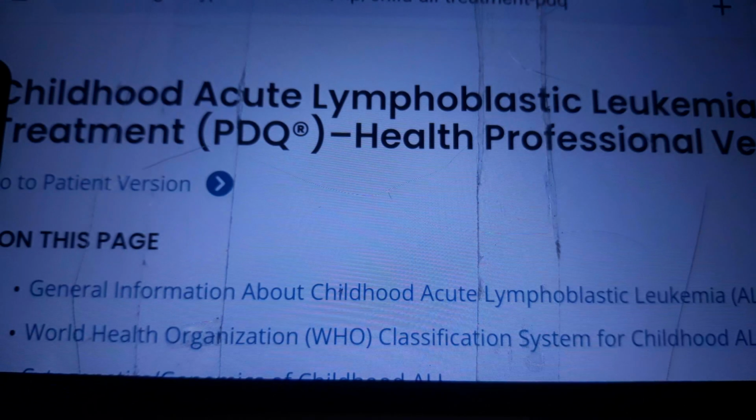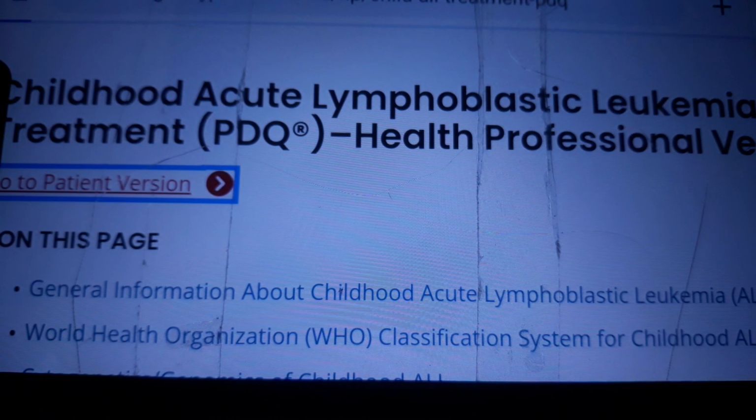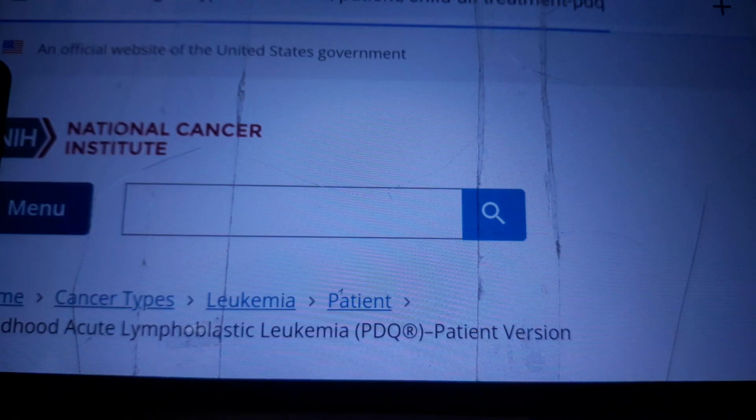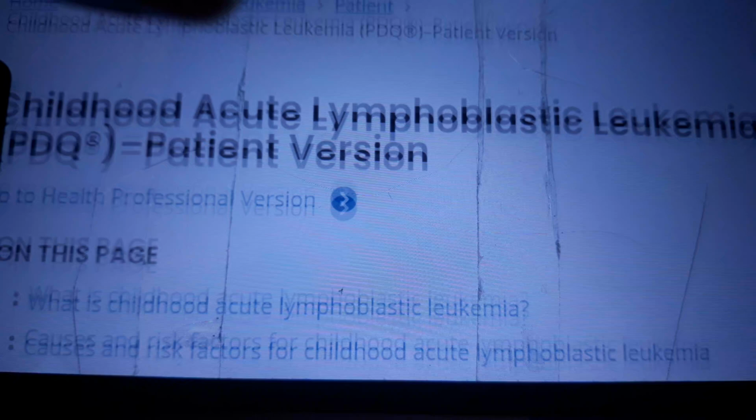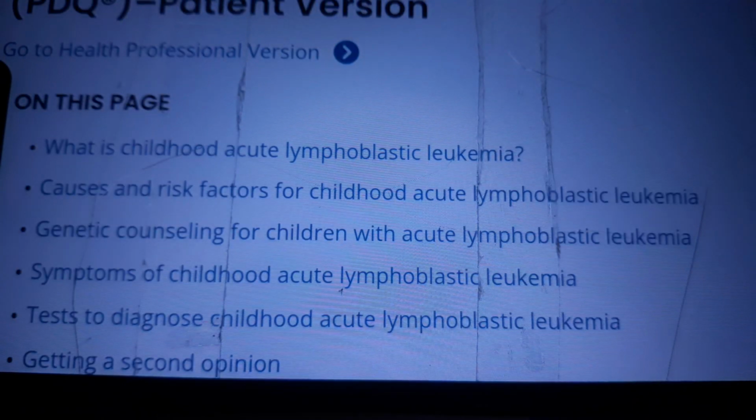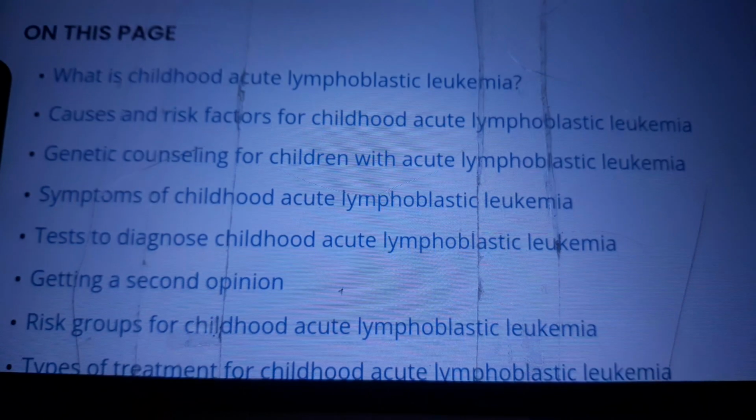And if you were to look at the patient version, this is the patient version. We're going to that now, right? And it shows likewise childhood acute lymphoblastic leukemia PDQ patient version. On this page, we see what is childhood acute lymphoblastic leukemia.